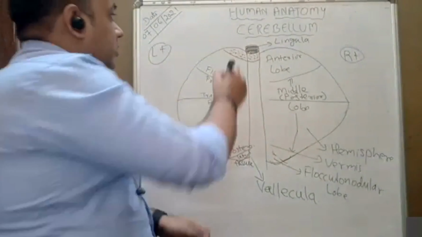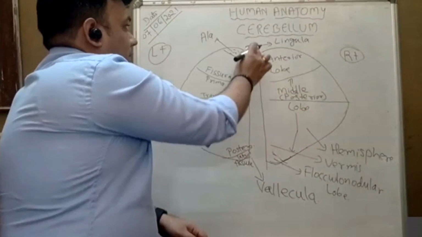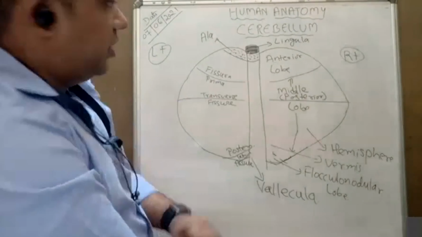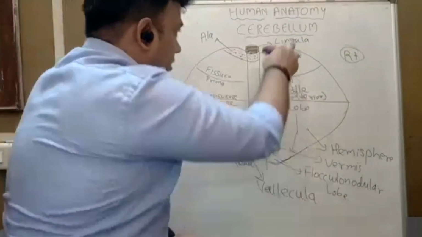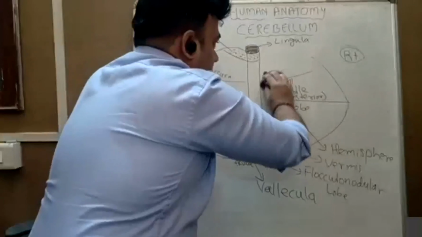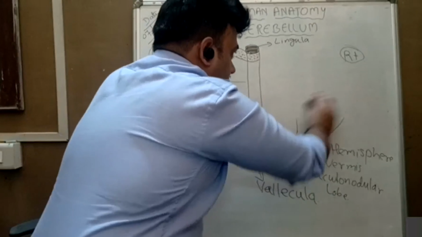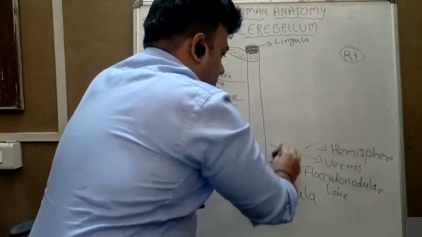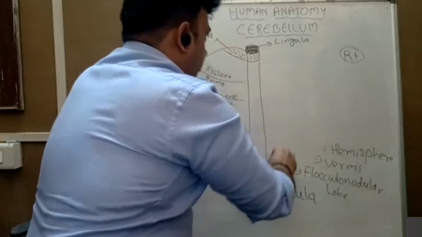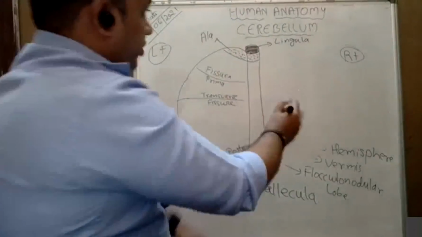So this is known as the ala, and this is known as the central lobule. I will rub it so that I can label here. Here the lobule of the cerebellar hemisphere, here of the vermis.